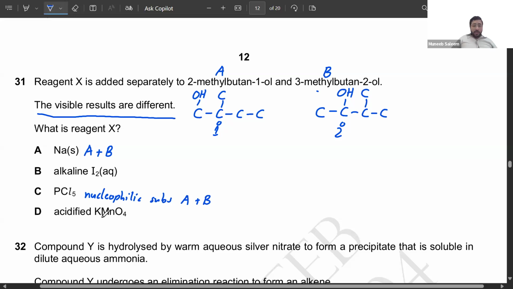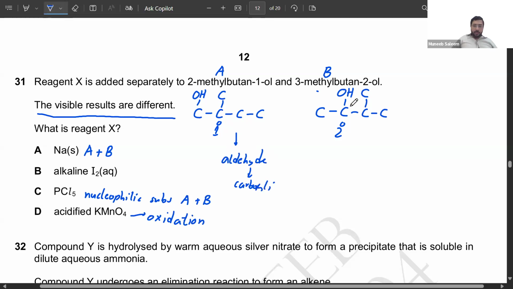D says acidified KMnO4. This is used for the oxidation of alcohols into the respective aldehyde or ketone. So the primary alcohol will be oxidized into an aldehyde and further into a carboxylic acid.